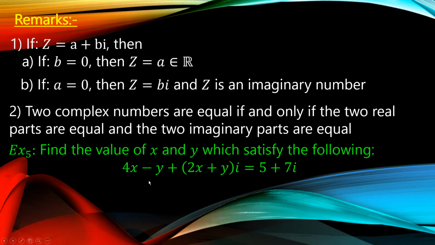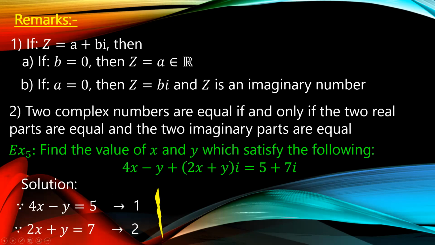Then the real part in the first equals the real part in the second, and the imaginary part in the first equals the imaginary part of the second. The real part here is 4x minus y, and the real part there is 5. Then 4x minus y equals 5, the first equation. And the imaginary part here is 2x plus y, and in the second number is 7. Then 2x plus y equals 7.